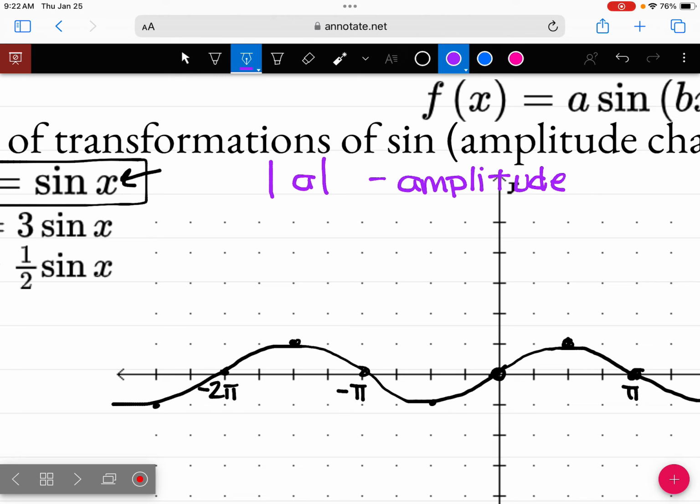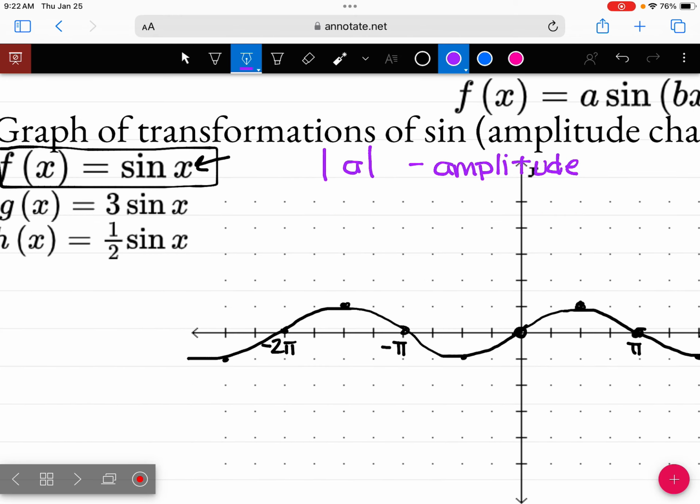The absolute value of A is what we call the amplitude. That is the extent of what I've told you so far on it. And what it does is we're going to take those ones, or the negative ones, and we're going to multiply it by our A. So what was 1 is going to become 3. 0 times 3 is still 0.